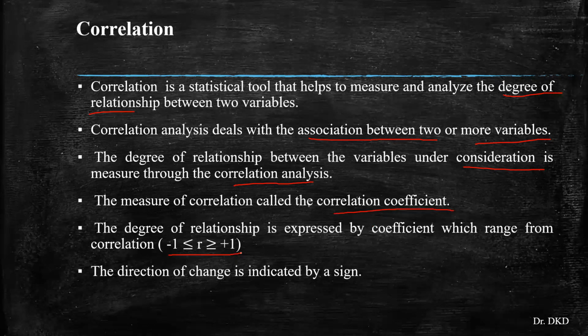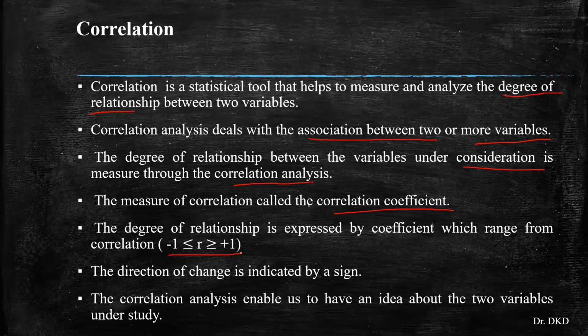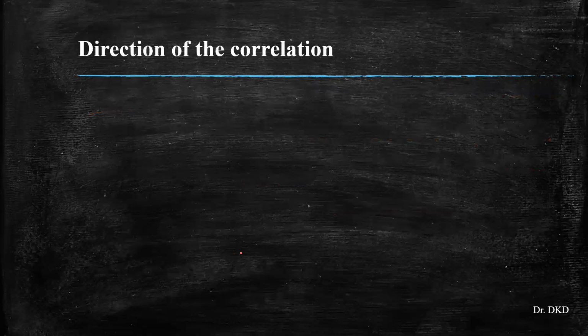Then the direction of change is indicated by a sign. It may be a plus sign or a negative sign, that is, positive correlation or negative correlation. So correlation analysis enables us to have an idea about the two variables under study.